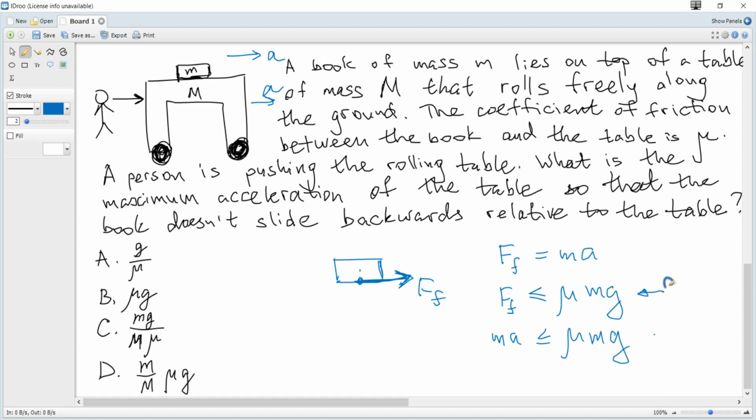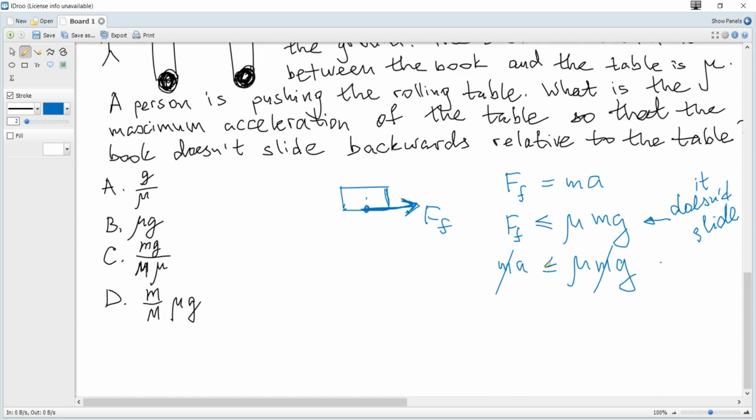It doesn't slide. And you can see m cancels, and acceleration a is less than or equal to mu g, and hence the maximum possible value of a is just mu g, so it's b.